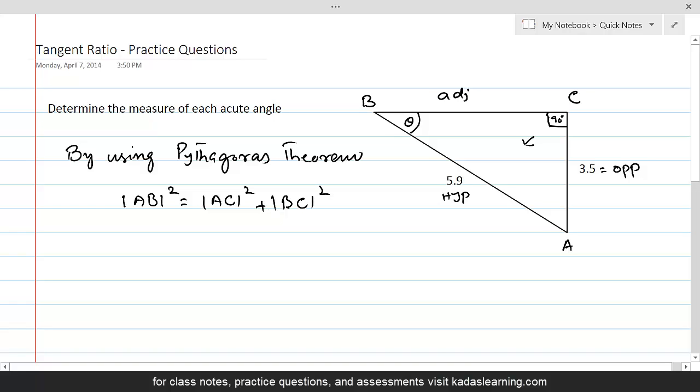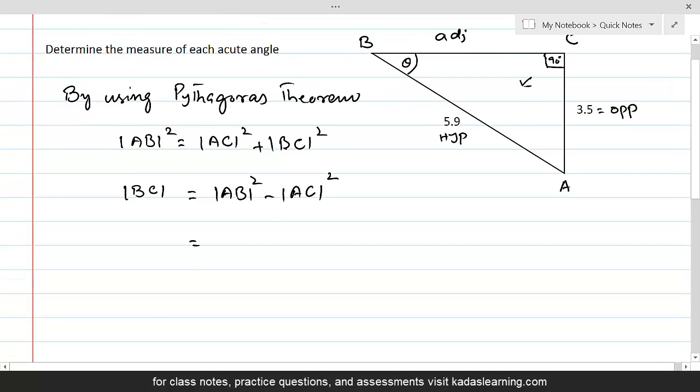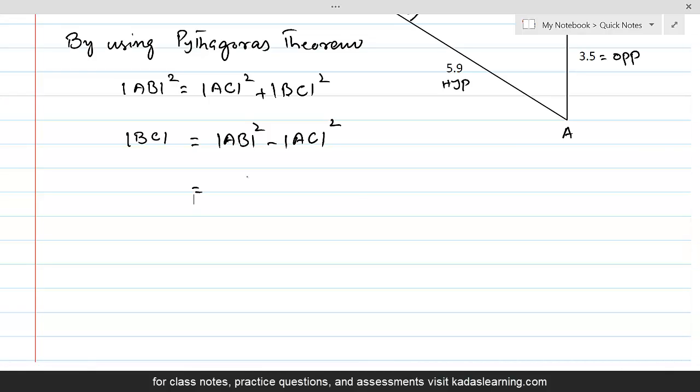Because we need to find BC, we will take BC on one side. This will give us BC square equal to AB square minus AC square.